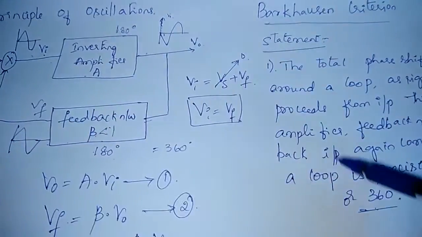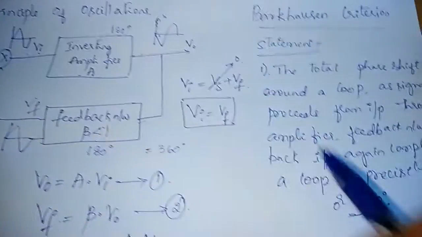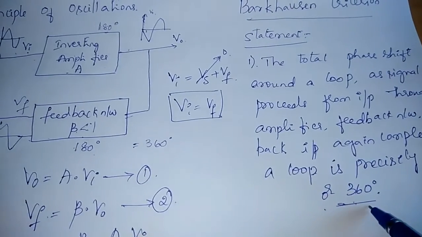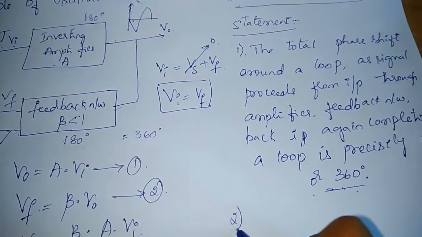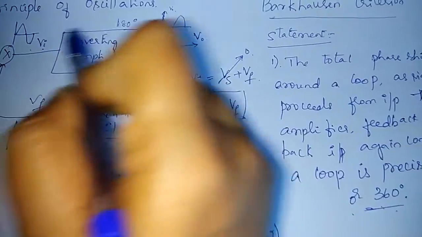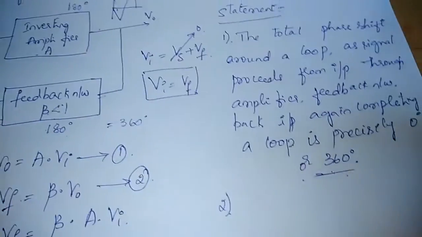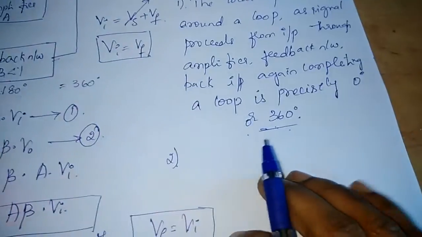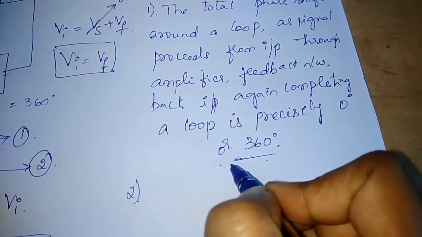If you want positive feedback, it should have either 0 degree or 360 degree as the phase shift around the loop.